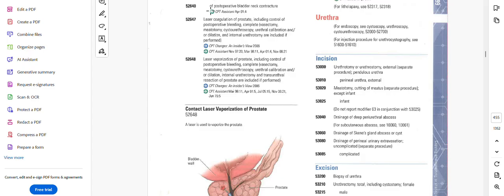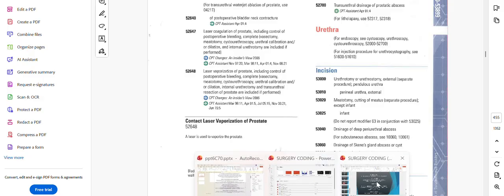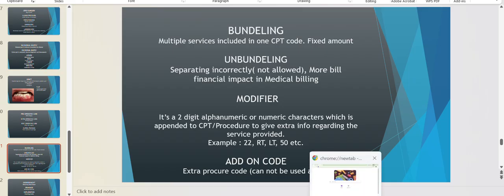If the physician planned to do it in half an hour but extra time is needed, we have to append the 22 modifier, increased procedural services. I'm just giving an example of how a modifier is appended to a procedure. It gives extra information but does not change the code.